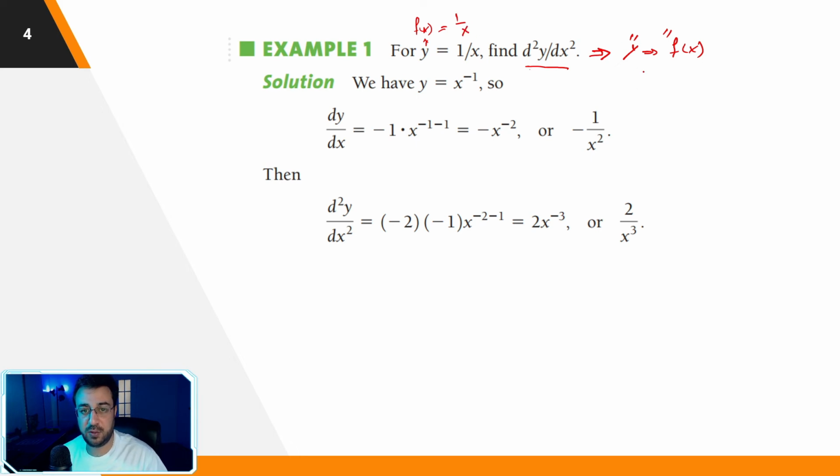As easy as that. What we do, as we learned before, f of x is 1 over x. What is the f prime of x? Going back to the table, you can know the f prime of x would be minus 1 over x squared. What is the f double prime of x? That equals 2 over x cubed.